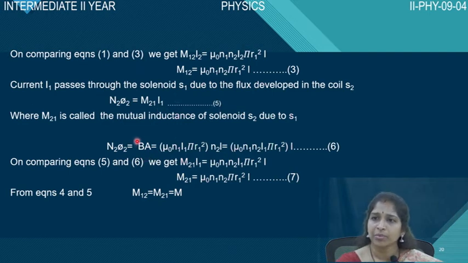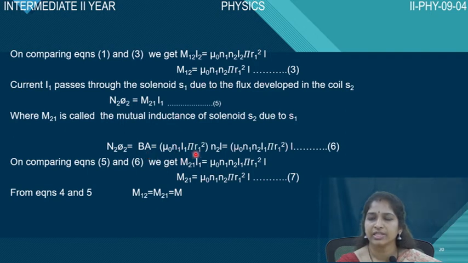Now, from the magnetic field induction, let us see what the flux is. The flux linked in the second solenoid is N2 phi2 equals the same expression, because flux is magnetic field induction into area. B is the magnetic field induction due to a solenoid, that is mu naught n i. But here the current is passing through the first solenoid, so the magnetic field induction due to that solenoid is mu naught n1 I1.